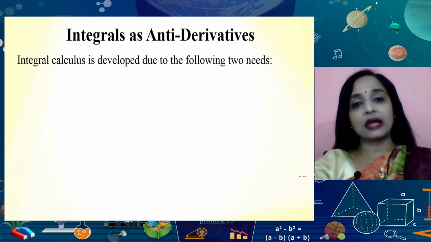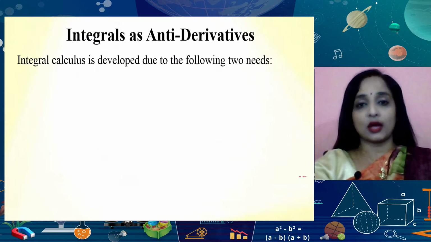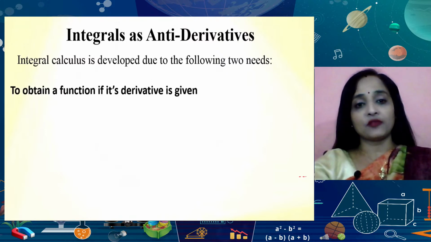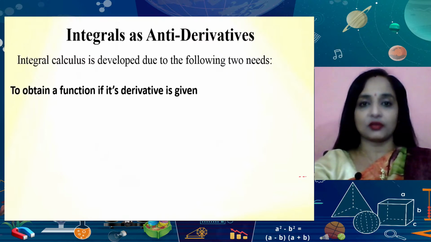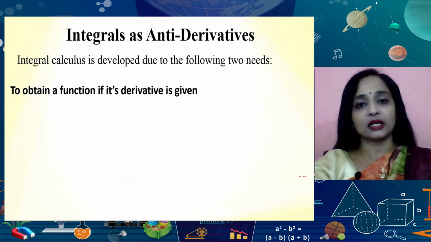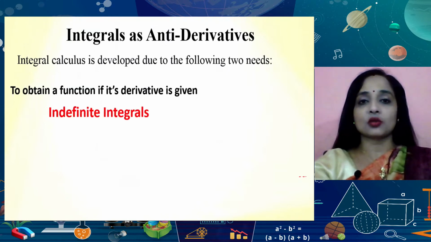Integrals as antiderivatives. Integral calculus is developed due to the following two requirements. First, to obtain a function if its derivative is given to you, which we are discussing right now, which is called the antiderivative. This is called indefinite integrals. We have two types of integrals, so this is the first category, indefinite integral.